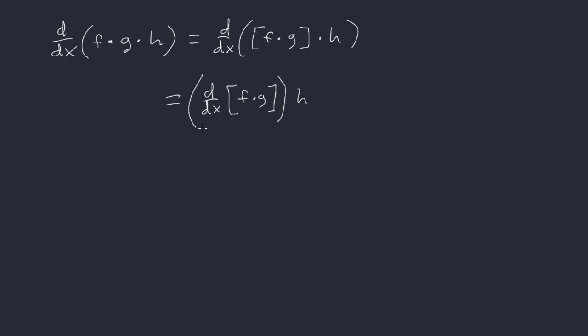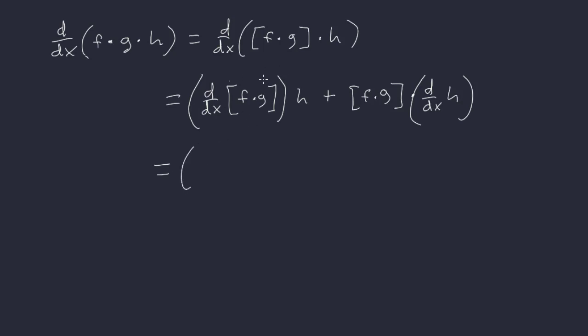So just to make that totally explicit here, it's the derivative of the first function times the second function left alone. Then it will be plus the first function left alone times the derivative of the second function. Okay. Now, here we do the product rule.